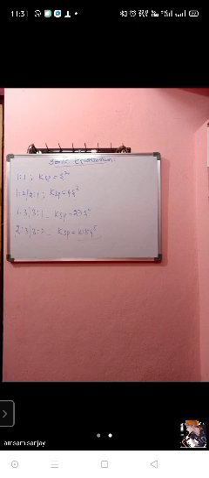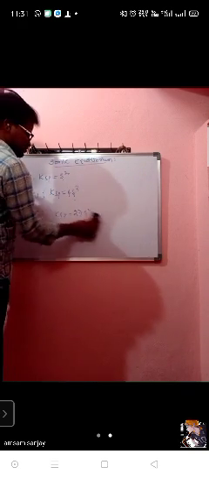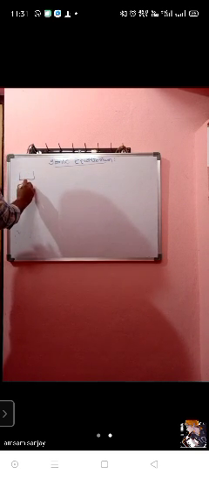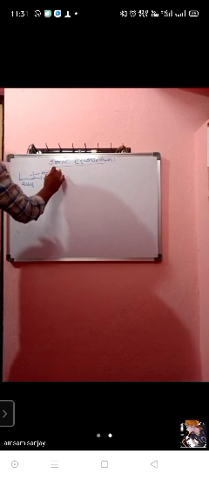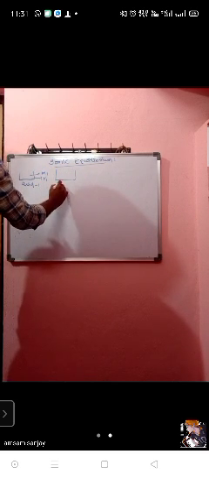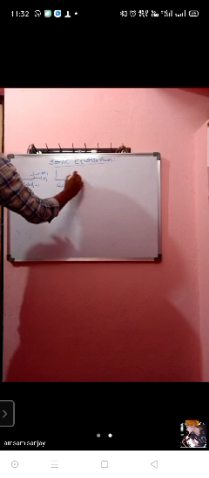The next, last but not least, concept we learned is to find the resulting concentration. For example, here acid 1 is there with molarity M1 and volume V1, and acid 2 with molarity M2 and volume V2.